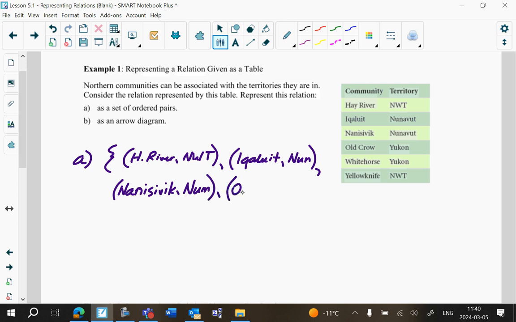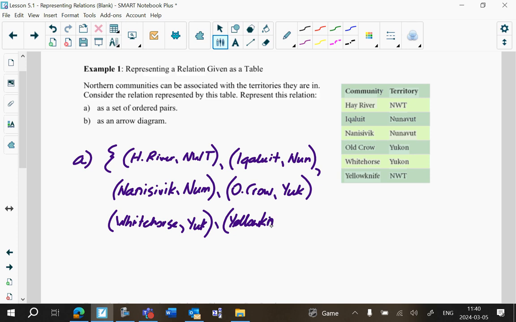Old Crow is in the Yukon. Whitehorse is in the Yukon. And Yellowknife is in the Northwest Territories. Okay. Parentheses are important, so are the braces at the front and back.